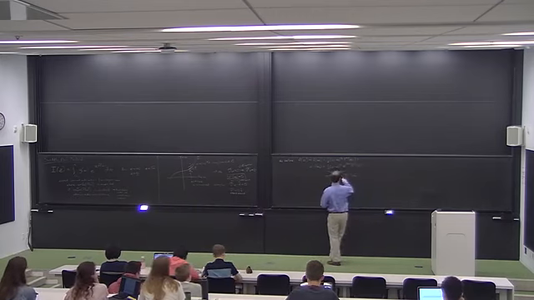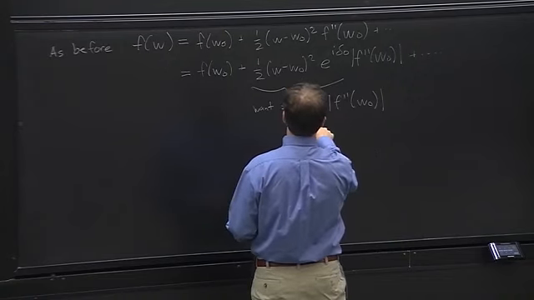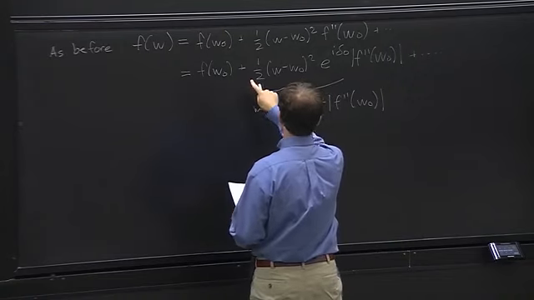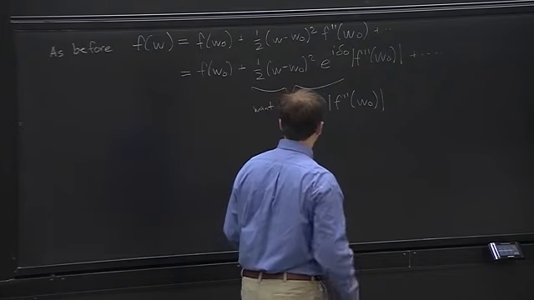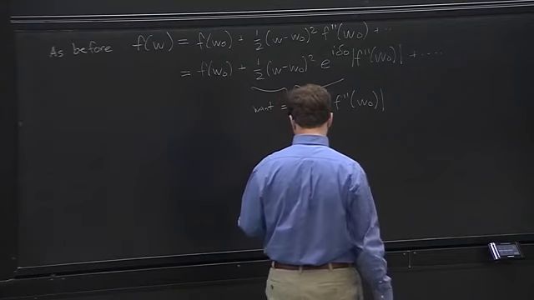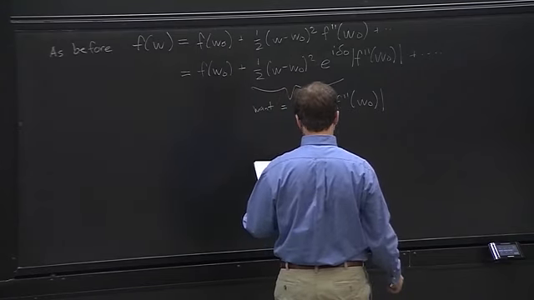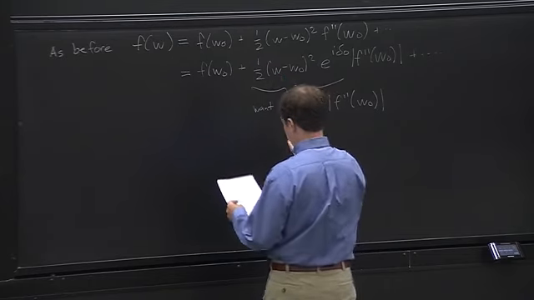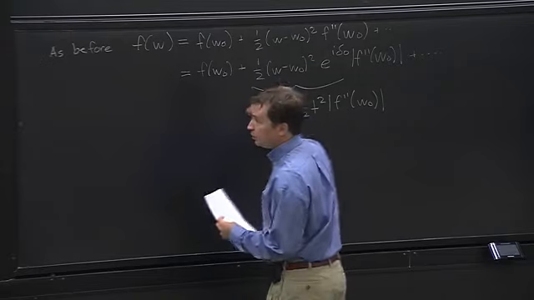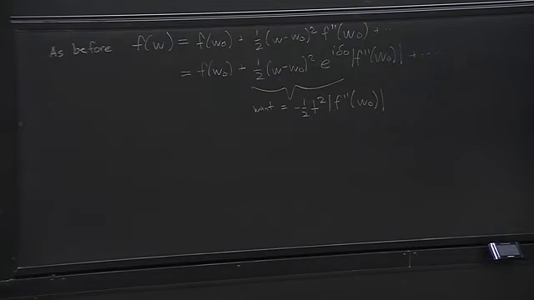So if we want the first term of this Taylor expansion to be minus 1/2 t squared times the magnitude of f double prime, that tells us what the phase is here. So w minus w naught is e to the i phi times t.